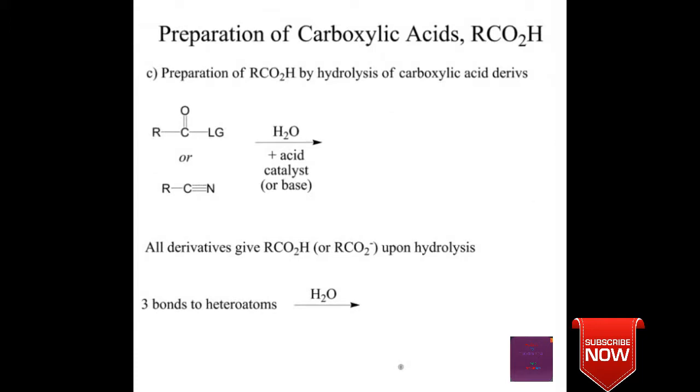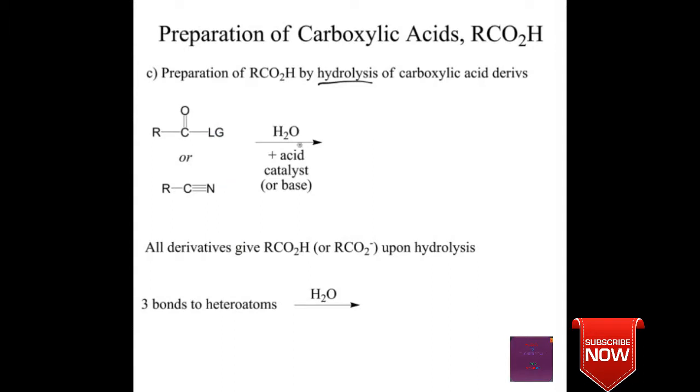Now, finally, another way that we can form a carboxylic acid is by starting with one of the carboxylic acid derivatives and converting it into a carboxylic acid. We call this reaction hydrolysis. And if you take any carboxylic acid derivative, remember most of them look like this with the leaving group attached to a carbonyl. But remember the nitrile was in this category too, and this reaction would work as well.